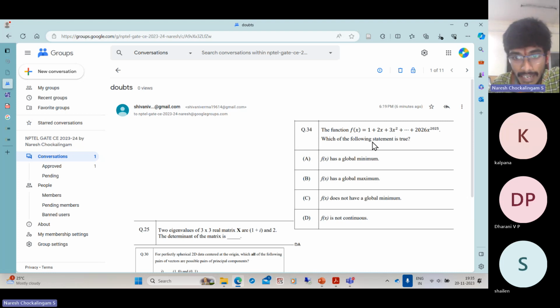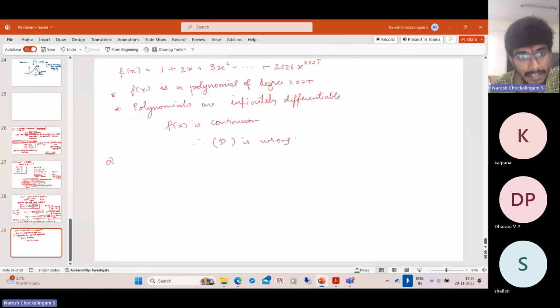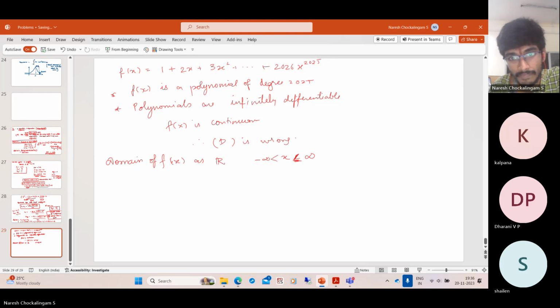Now you see that when x is greater than 0, they haven't said what the range of x is, right? So when nothing is said, you can take the domain of f of x as the entire real line. Now we'll consider x greater than 0.